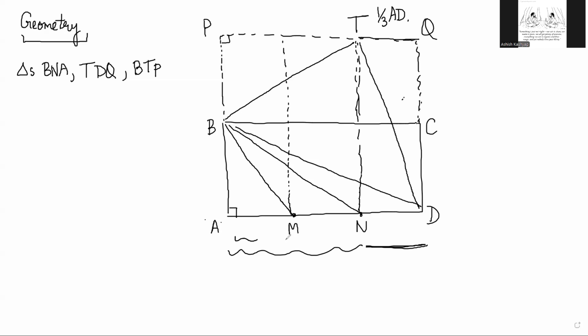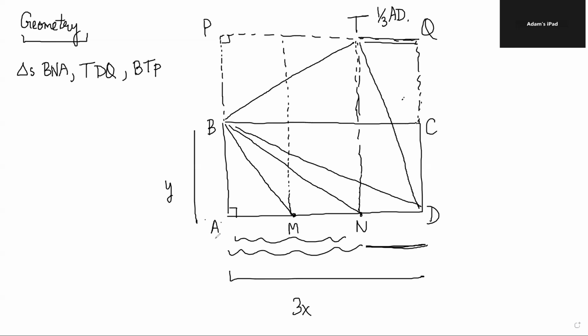No, this is 2/3 of AD and this is AB. It's not the same type of triangle, so maybe that is incorrect. Wait, why aren't they the same type of triangles? Because if this length was 3x and this length was y, the two other triangles that we have are 2x and y.